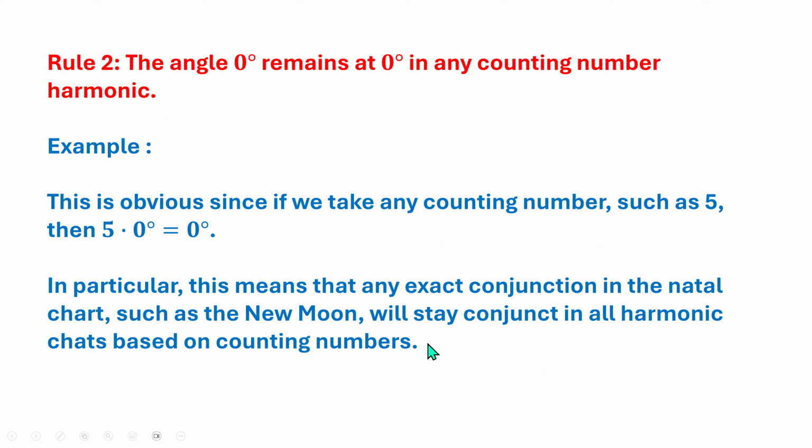So if you start with the new moon with sun and moon exactly conjunct, you can go to the 2 harmonic, the 3 harmonic, the 4 harmonic, whatever harmonic you want, the 10 million harmonic. No matter how high you go, that exact conjunction will remain an exact conjunction, because the distance between the 2 planets is 0 degrees, and that stays 0 degrees in any higher harmonics.